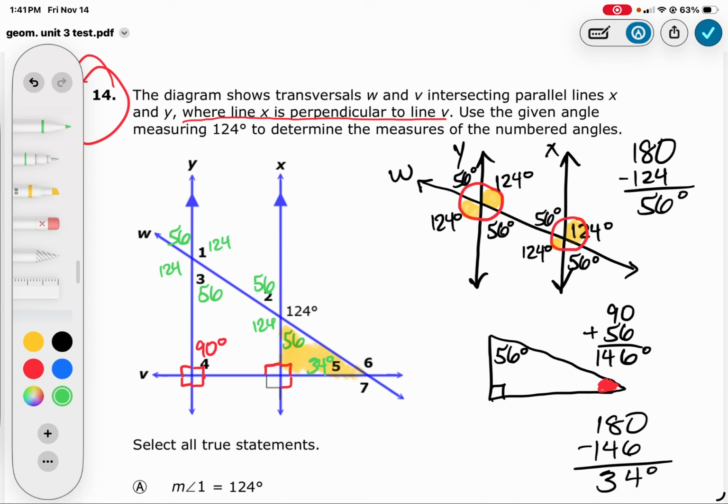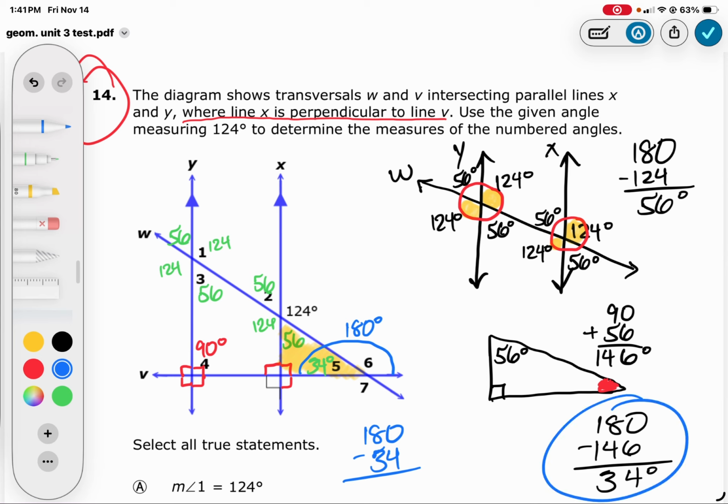Now, if I want to find angle 6, angle 6 and angle 5 are a linear pair, more specifically. Linear pair means that they both add to equal 180. So to find angle 6, I would just do 180 minus 34, and I should already know what that is.